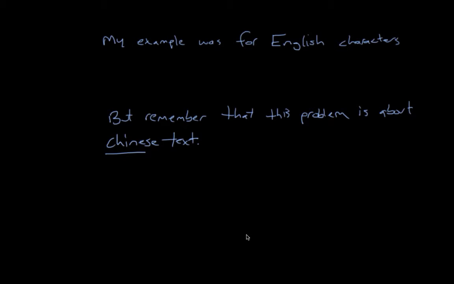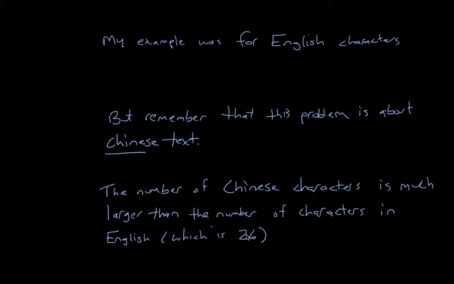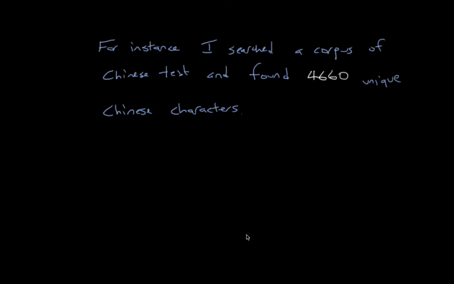But remember that the problem that we're working on here is about Chinese text. So the number of Chinese characters is much larger than the number of characters in English. There are only 26 characters in the English alphabet, whereas Chinese has thousands. For instance, I searched a corpus of Chinese text and found 4,660 unique Chinese characters in it, and there are even more than that.